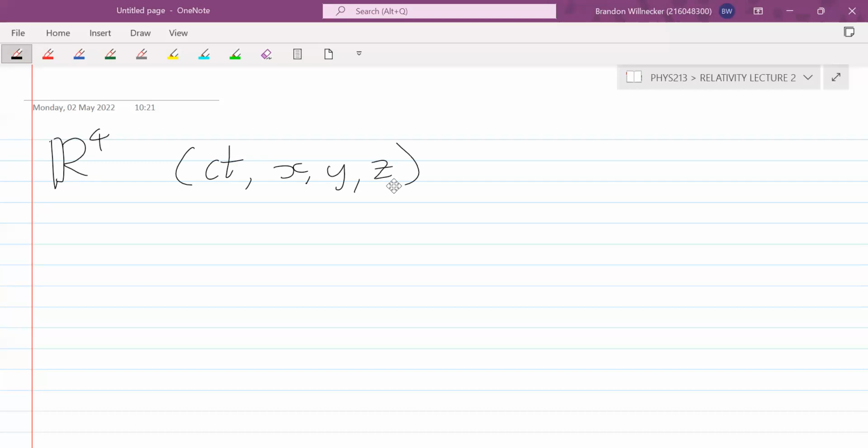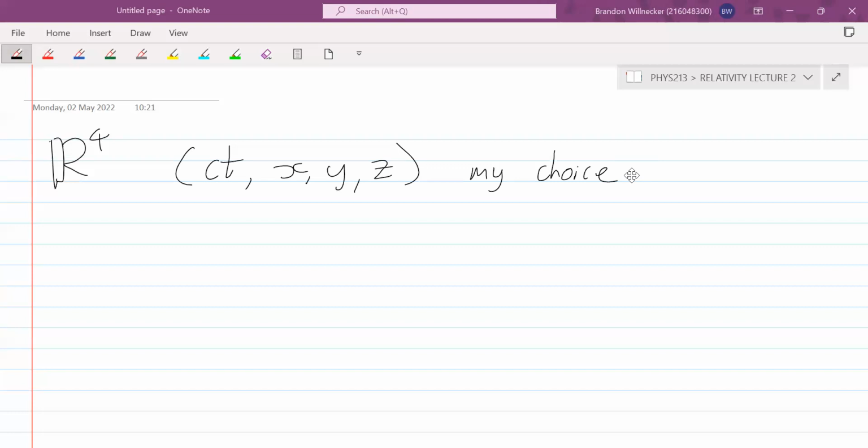Now, as soon as we write down this coordinate, we are implying that we're using some sort of coordinate system. So, for example, these unprimed coordinates, let's say this is my choice of coordinate system. Here I've used the so-called Cartesian coordinates, but I can choose my origin, I can choose my scaling, anything like that.